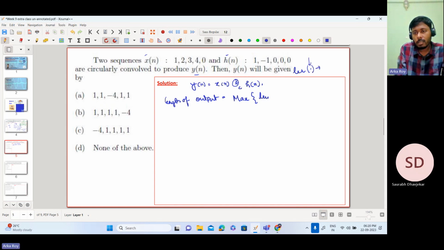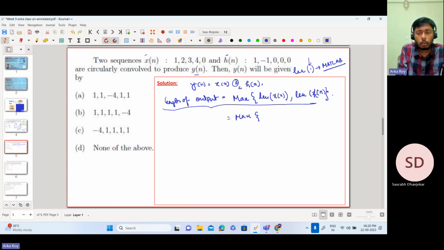This is just the same as the MATLAB command, where we calculate the length of a signal or any time series. So here, length of x(n), comma, length of h(n). We consider the length of the output to be the maximum of these.